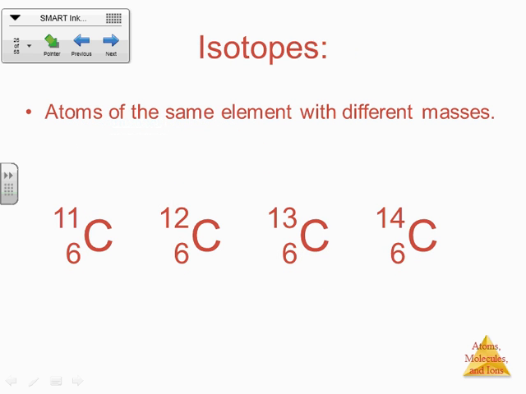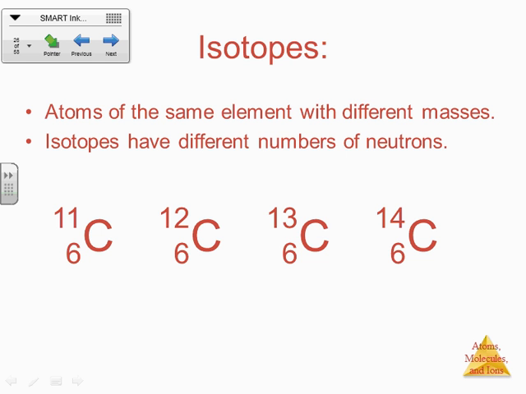Okay, isotopes. Isotopes are atoms of the same element with different masses. I think we know that too. Isotopes are going to have different numbers of neutrons. Okay, so the thing that's different about them is not the number of protons. If you change the number of protons, you have changed the element. Okay, this number has to be 6 for it to be a carbon atom. Okay, but you can have different types of carbon because you can have different numbers of neutrons in there.